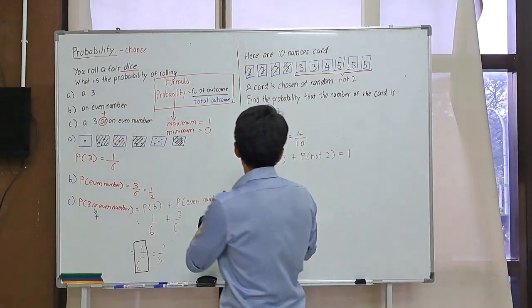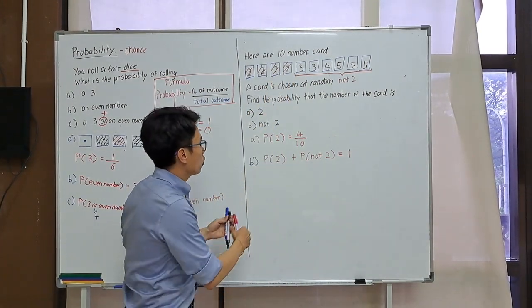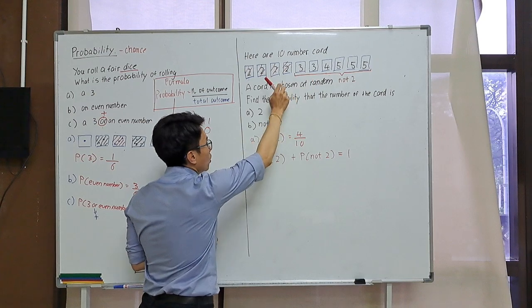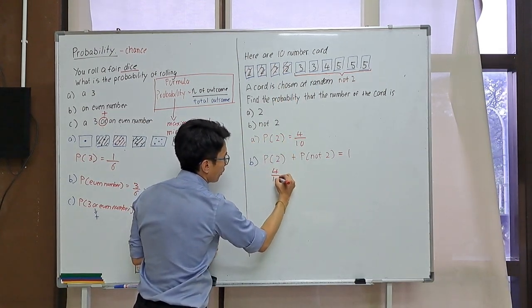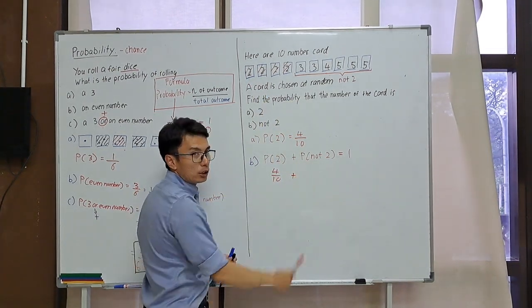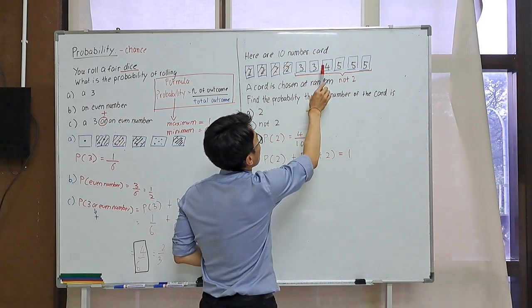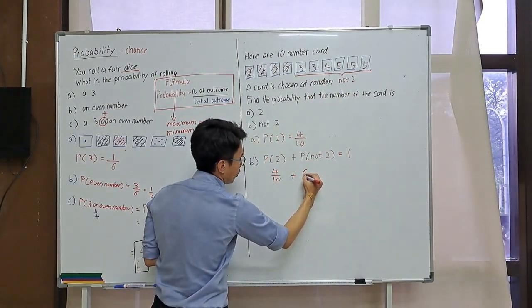The probability of 2, let's use this understanding first. Based on this, we know the probability of 2 is 4 over 10, which is here. And the probability that is not 2 is going to be 1, 2, 3, 4, 5, 6. So there are 6 of them which are not 2, out of 10 cards.